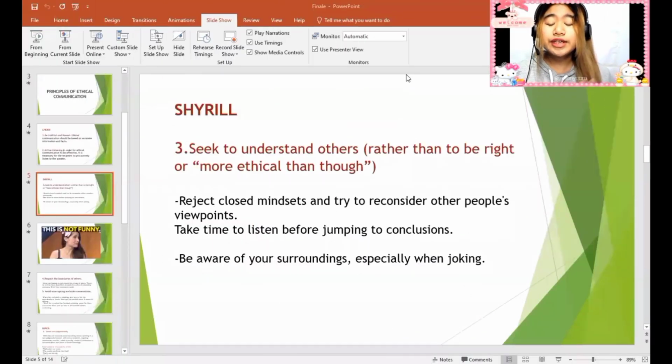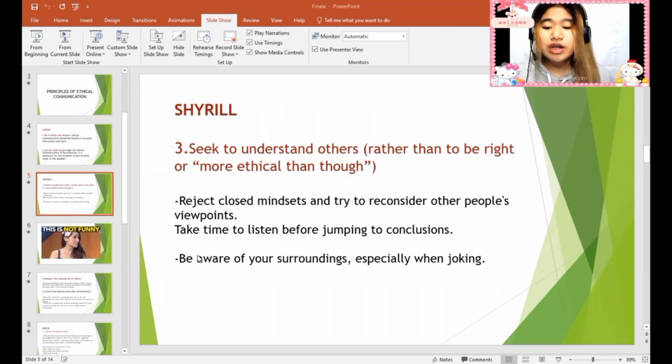Number 3: seek to understand others rather than to be right or more ethical than them. It is very important for us to understand others so that we are going to know what the real problem is. And if we learn about the real problem, we might perhaps think of a better solution.